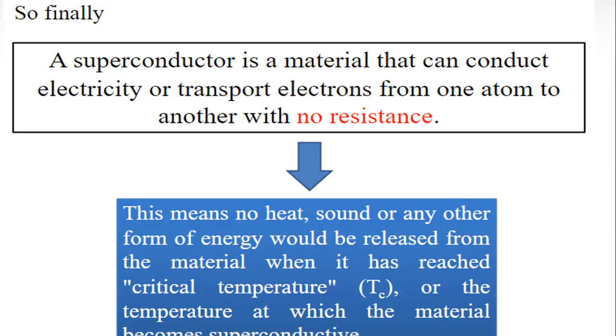Above this critical temperature, the material may behave as a conductor, and when it reaches the critical temperature, the same material can behave as a superconductor. We took the example of mercury at 4.5 Kelvin, where it acts as a superconductor.